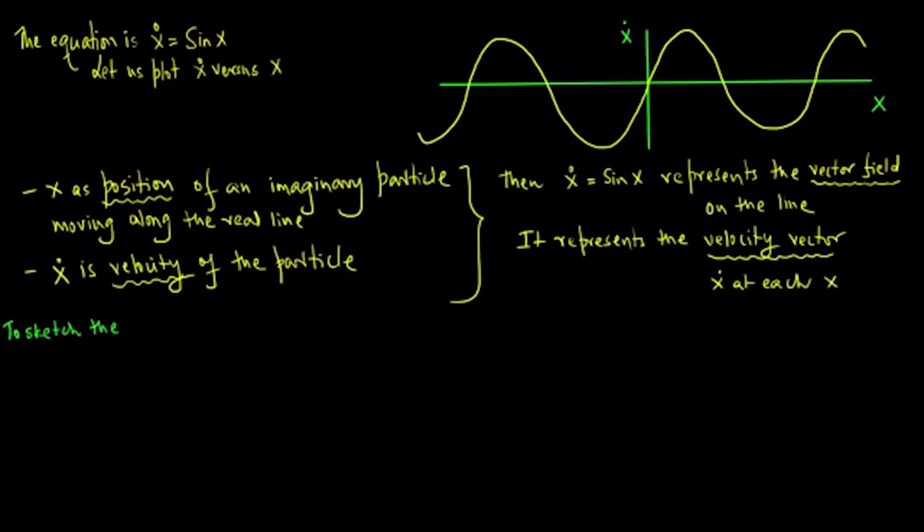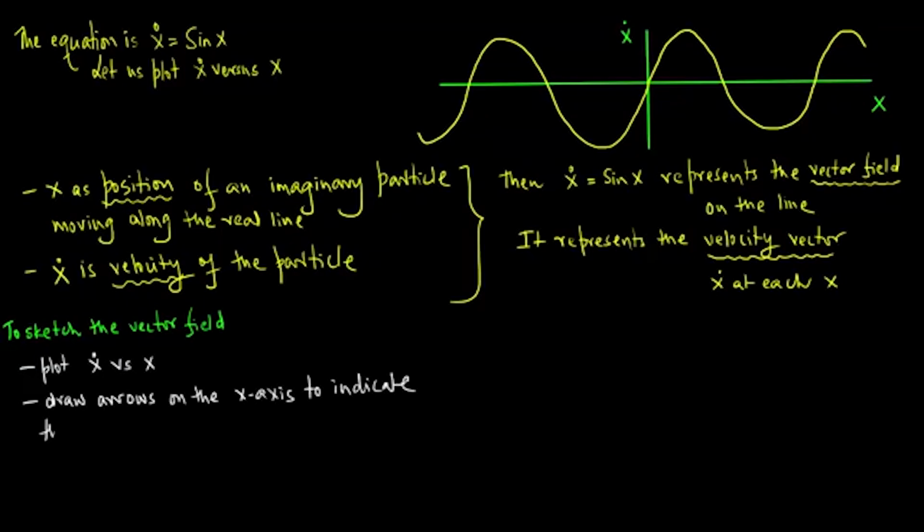To plot the vector field, we do the following. Plot x dot versus x, and draw arrows on the x-axis to indicate the corresponding velocity vector at each x.